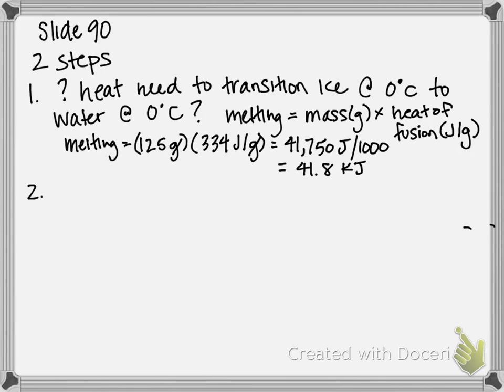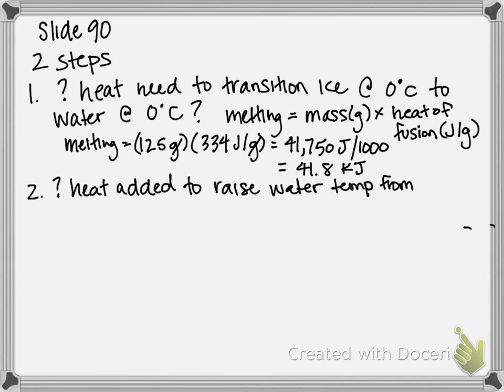Now in the problem, the second part is that basically we're raising the temperature of our water from 0 degrees Celsius up to body temperature of 37 degrees Celsius. So my second step, we're looking for how much heat is added to raise water temp from 0 to 37 degrees Celsius.